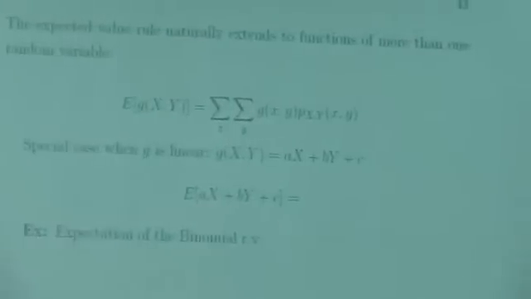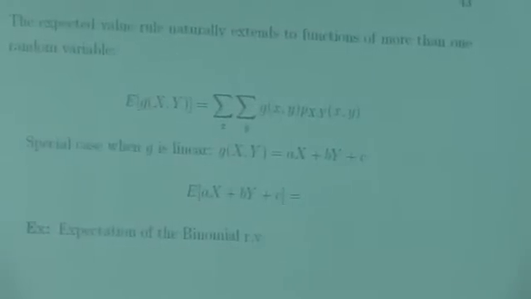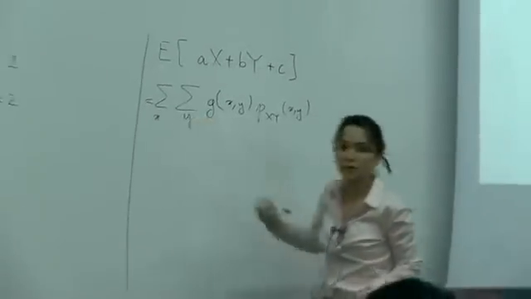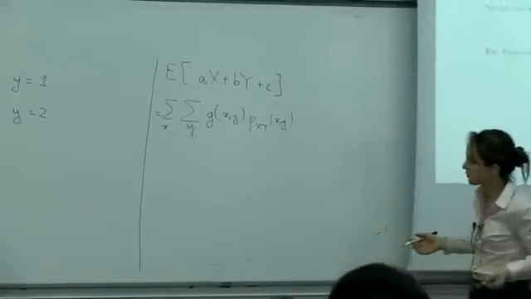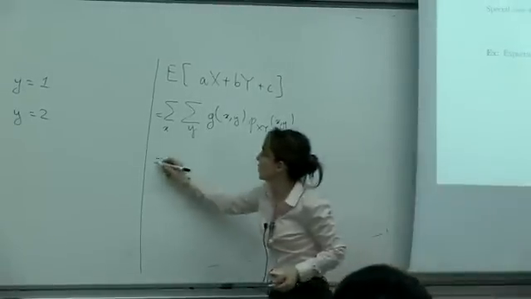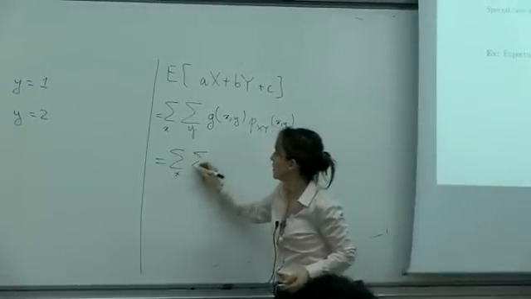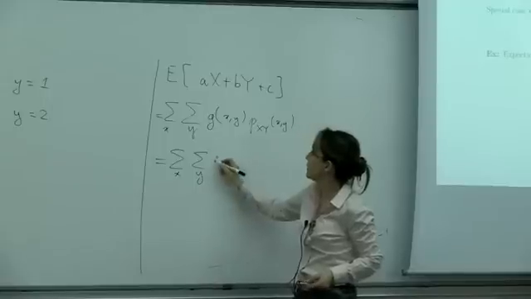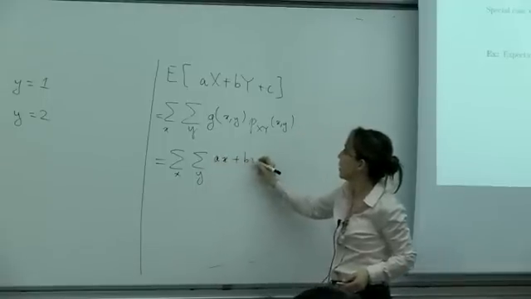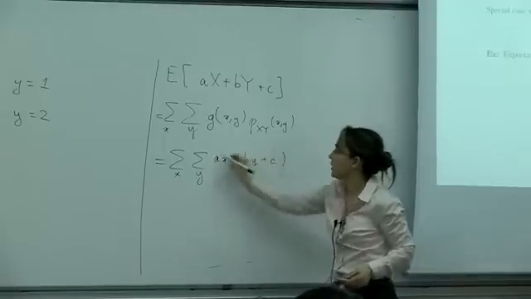In fact we have a double summation, g(x,y) p_XY(x,y), where x goes through all possible values and y goes through all possible values. Okay, but g(x,y) is nothing but ax plus by plus c.